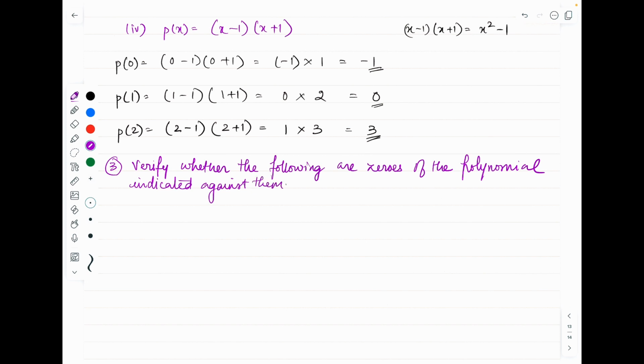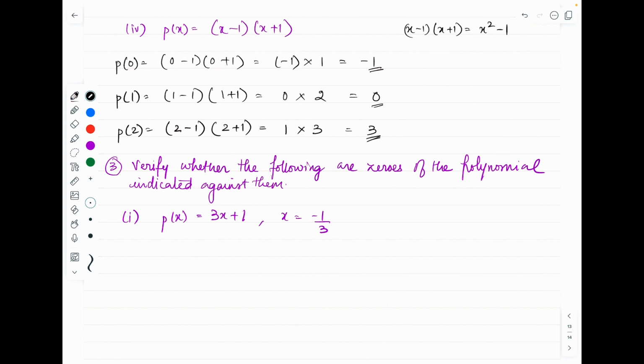Okay, it is saying that verify whether the following are zeros of the polynomial indicated against them. One polynomial is given and a number is given. We have to check whether it is a zero or not. Okay, the first question is p of x equals to 3x plus 1 and x equals to minus 1 by 3.